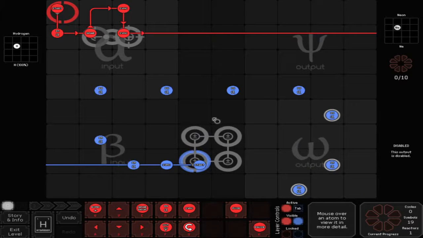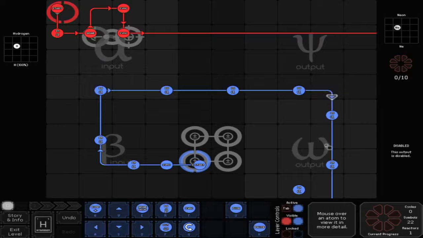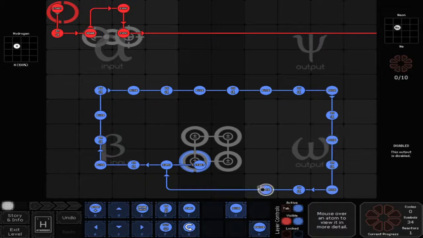Change all of Blue's input commands to call in more hydrogen. And then immediately after every last input command, Blue will hit a fuse command.